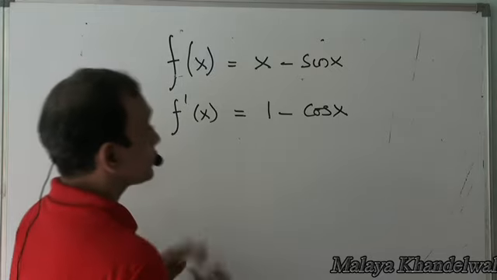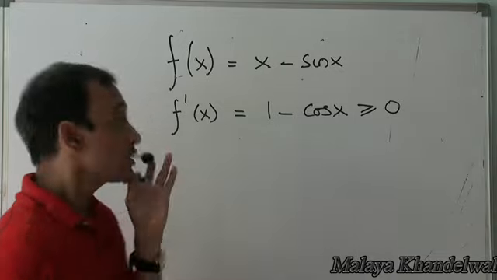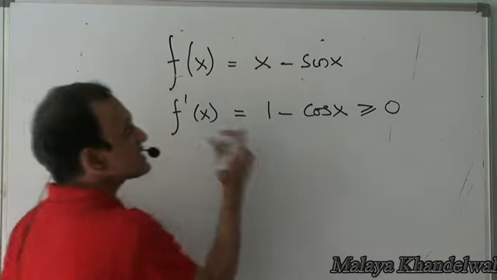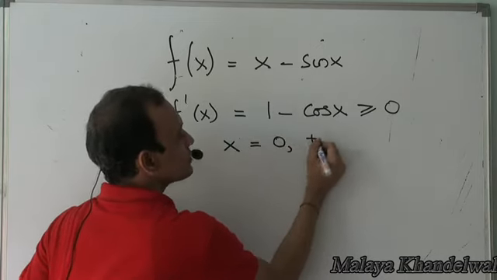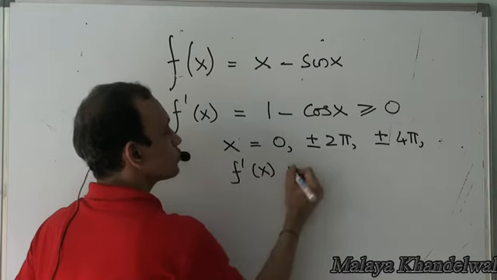Very clearly, this is greater than or equal to 0 for all x, except it will be greater than 0 for all x except say x equal to 0, plus minus 2 pi, plus minus 4 pi, where f dash x becomes equal to 0.